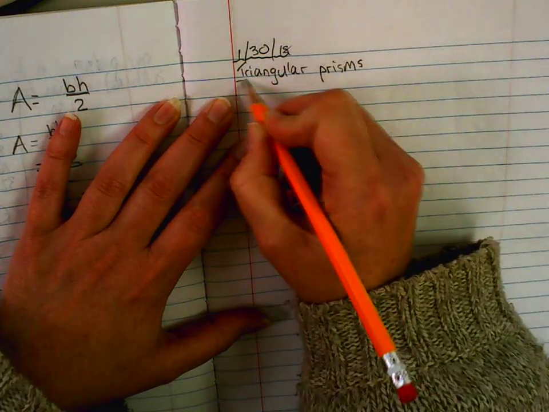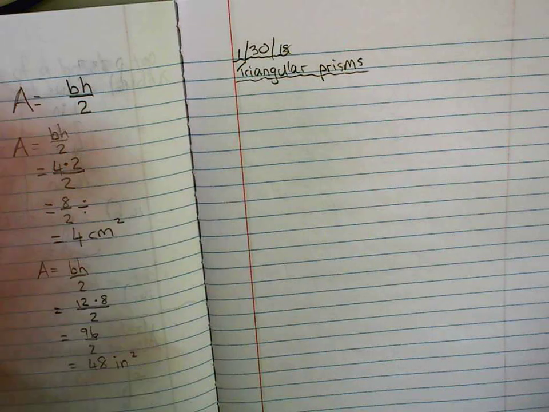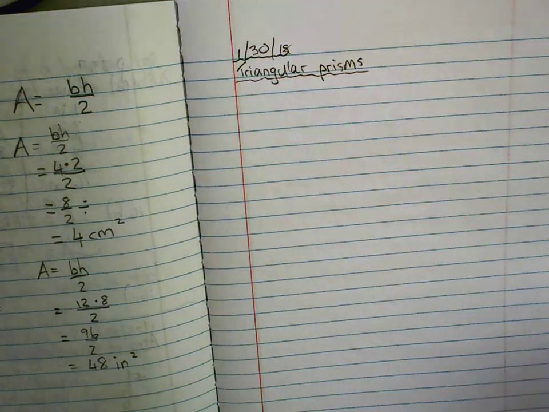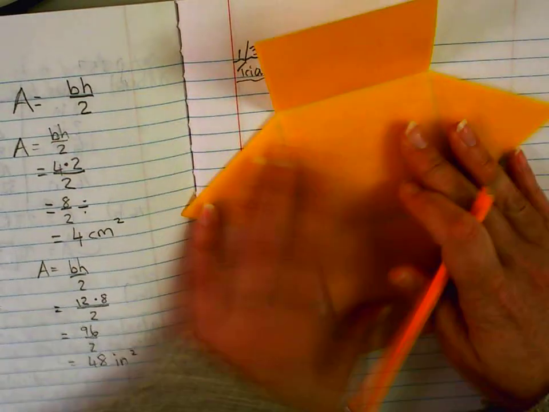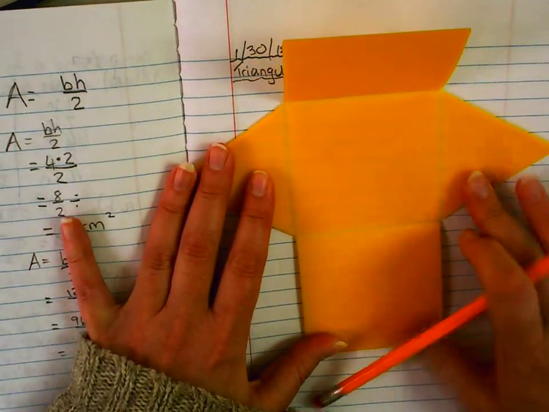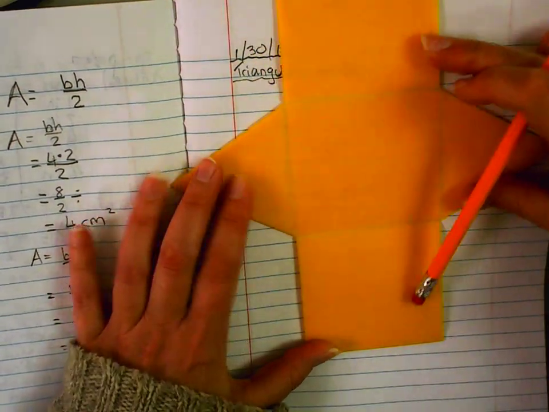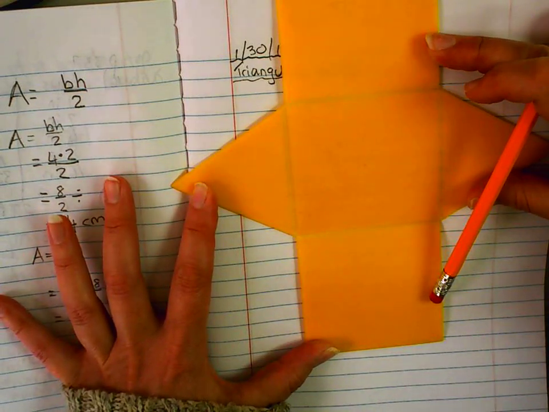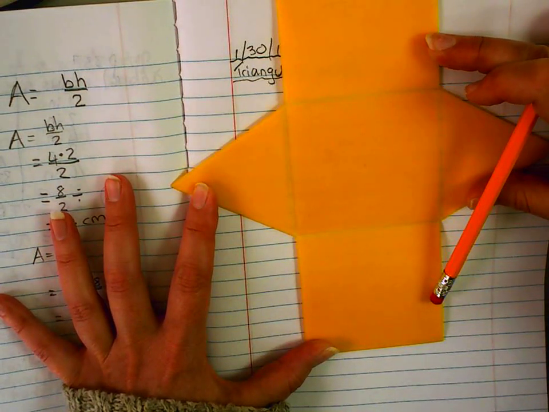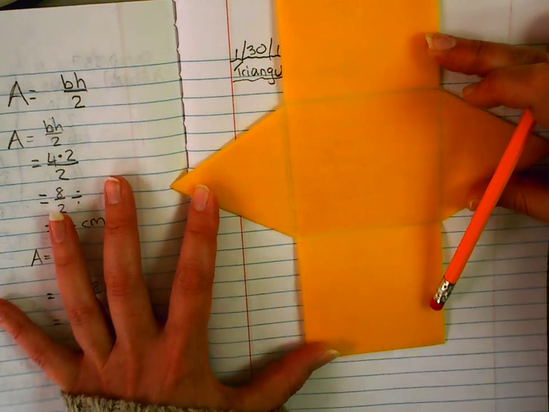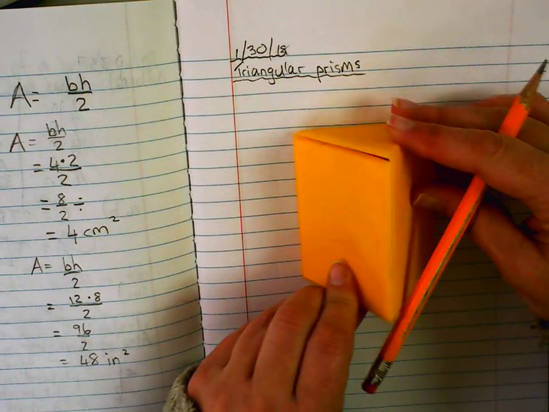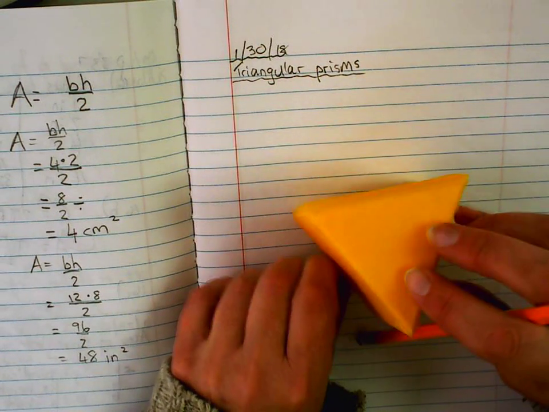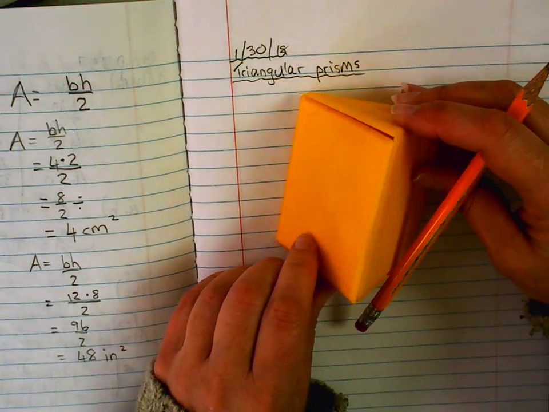prisms. Triangular prisms. Now, a triangular prism comes from a net that looks like this. Okay? It has 3 rectangles and 2 triangles. If I put them together, they make up a triangular prism.